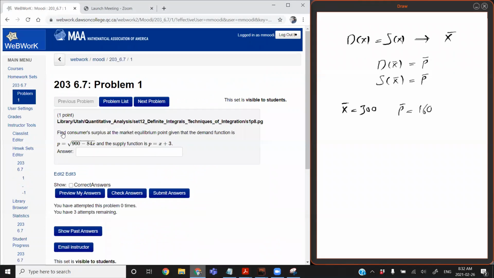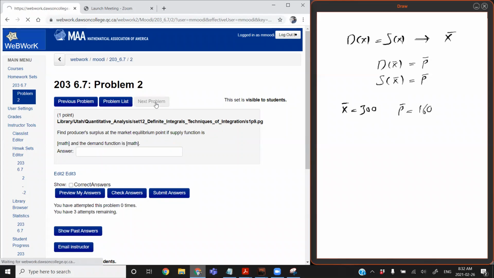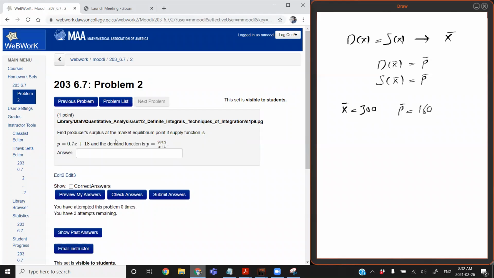There is this one about finding the consumer surplus, and this one is about the producer's surplus for two certain functions. But again, this would not be enough practice for you.